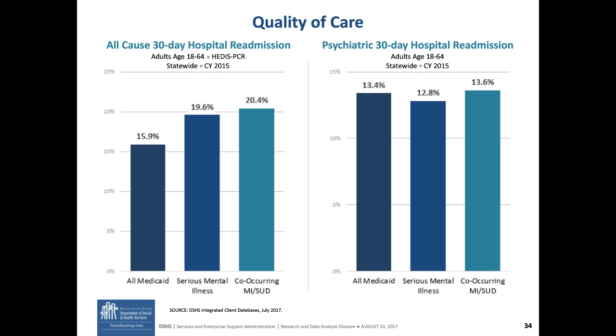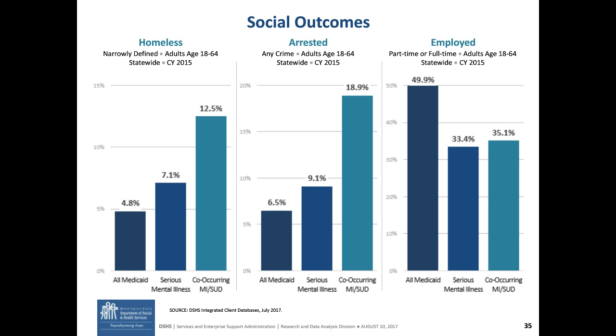Okay, our last data slide, we'll be wrapping up in just a few minutes. So these are measures that we tend to put under the social outcomes rubric. Sometimes the social determinants of health phrase is used, and I feel slightly uncomfortable about that full phrase.